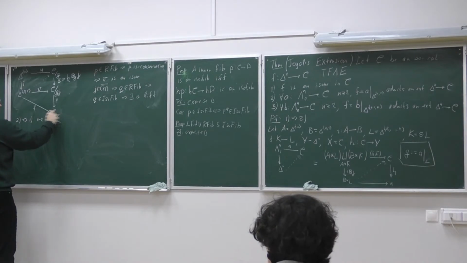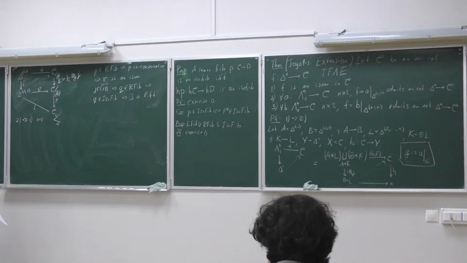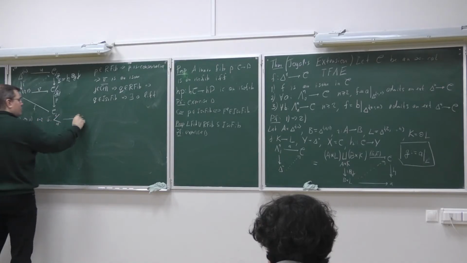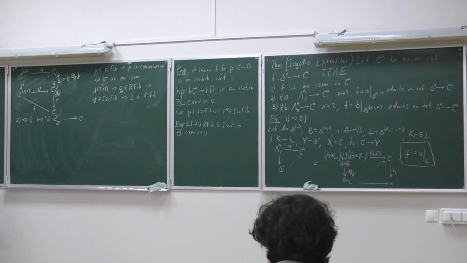This will be f on this face and identity on the other face. So then this is map A, from such a horn to C, right?